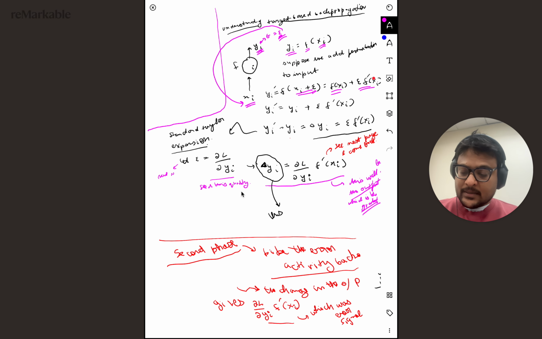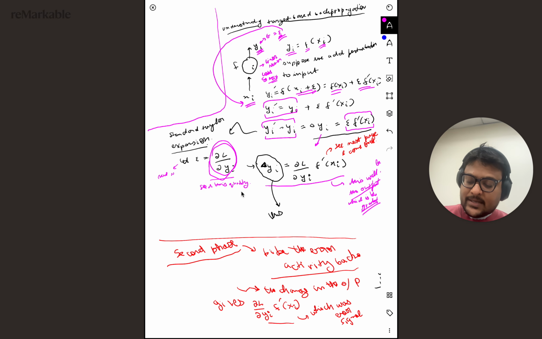If you take the difference between the outputs of the neuron, it comes out to be a very beautiful expression, which is epsilon times f dash xi. And this is when our output neuron was actually linear and the loss was just an MSE loss, in which case epsilon is basically del L by del yi.